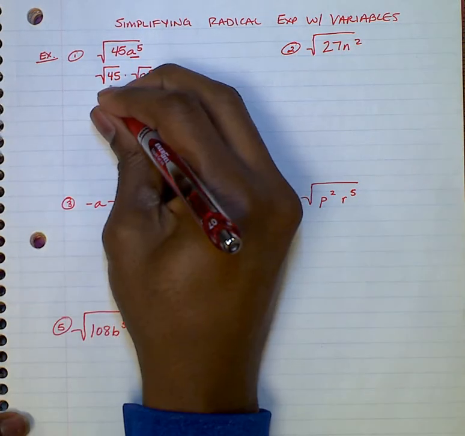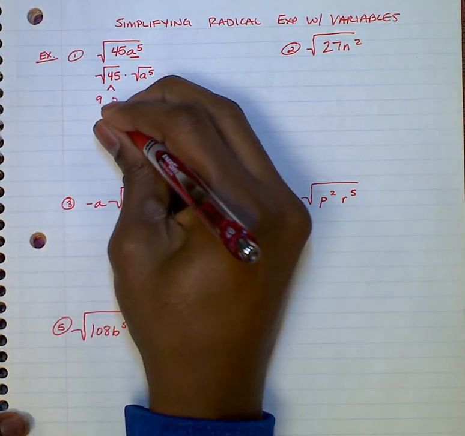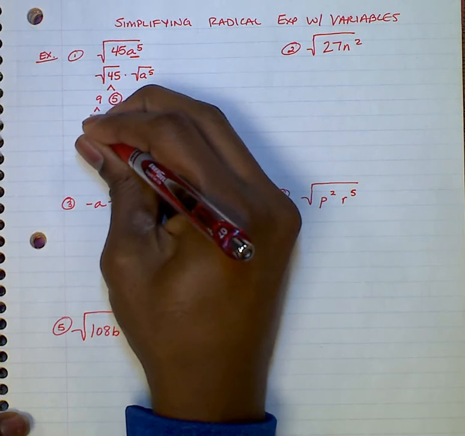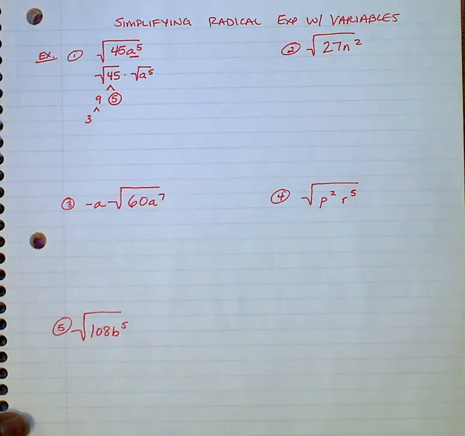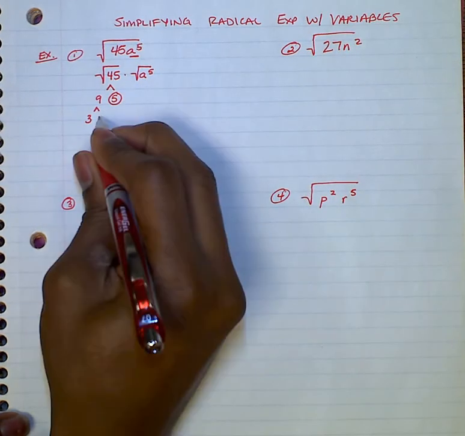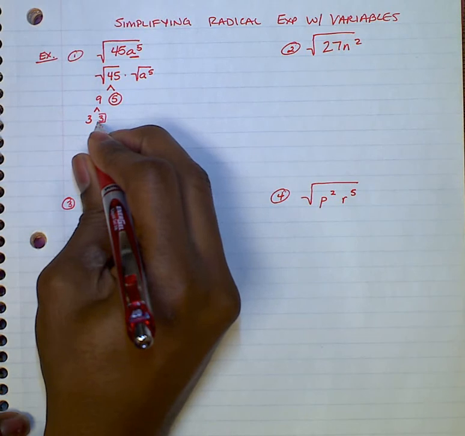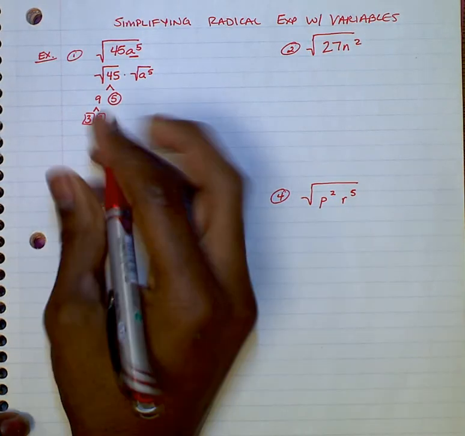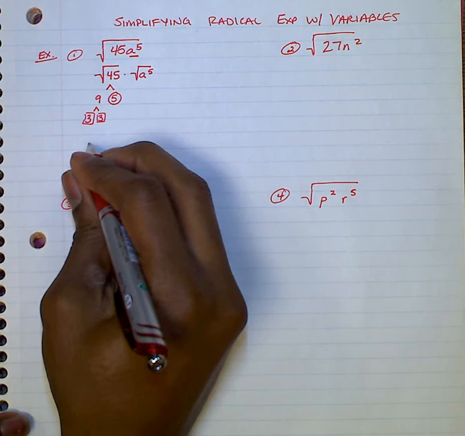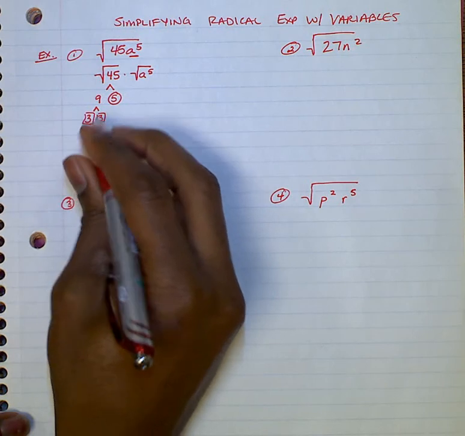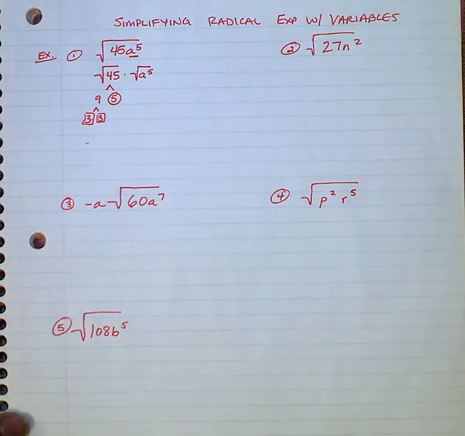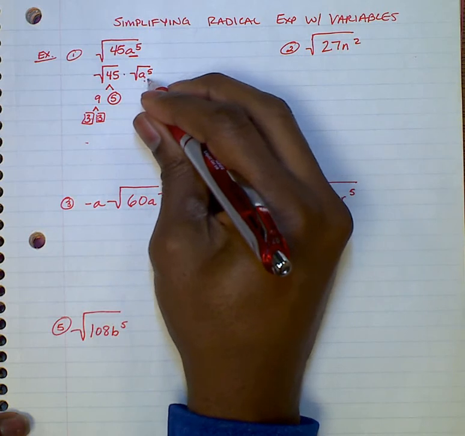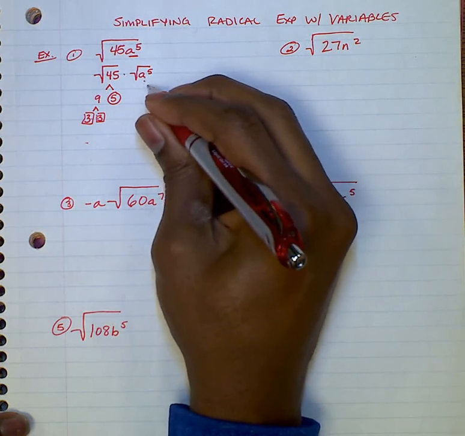Two numbers that multiply to give me 45 are 5 and 9. 5 is a prime number. 3 is a perfect square. I have these factors. For a to the fifth, I'm not going to do a tree here, because a to the fifth is just a 5 times.